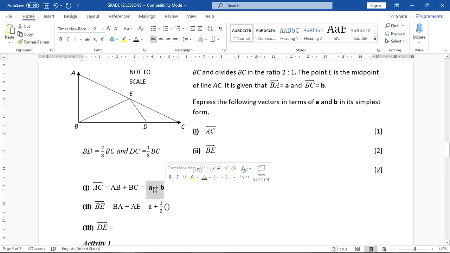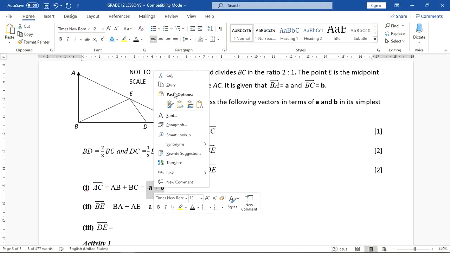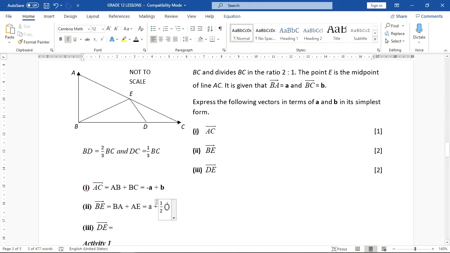Copy, paste it, and make this one dark. Okay, so we can remove the brackets, and if you remove the brackets, this is what you end up with. I'm just going to copy all this again.